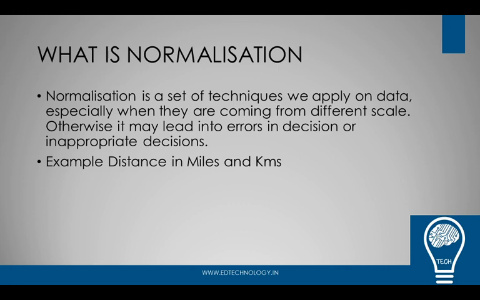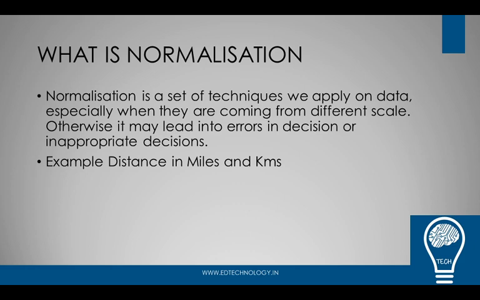Normalization is a set of techniques which we can apply to the data, especially when they come from different scales. Like the example we have given here, where distance is measured in either miles or kilometers, and we might have data coming from different kinds of scales and we want to normalize the data.